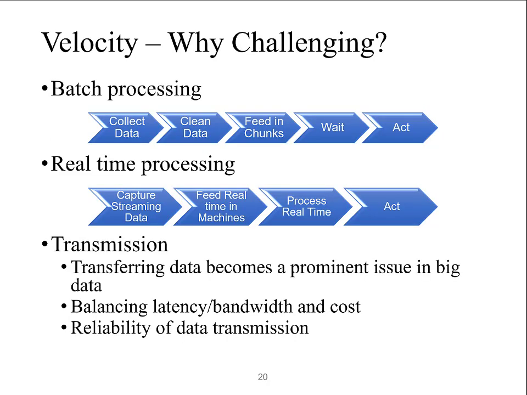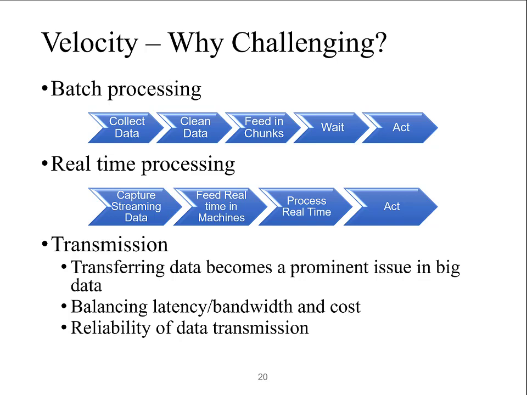So again, what is the challenge of velocity? As we have mentioned before, real-time processing is very important for handling this velocity characteristic of big data, but the traditional way of processing data is based on batch.